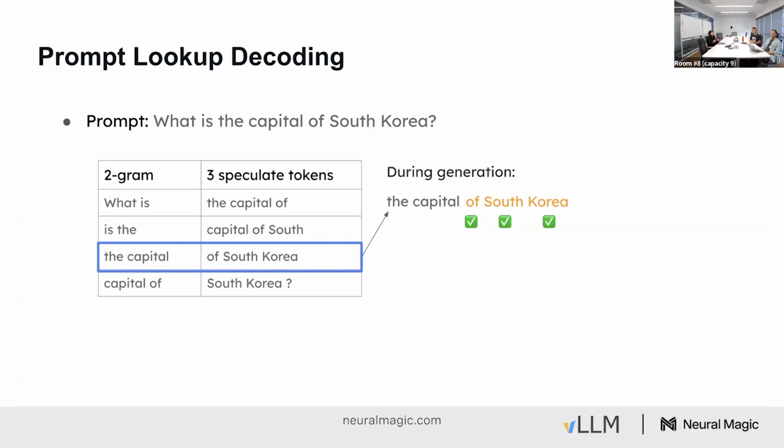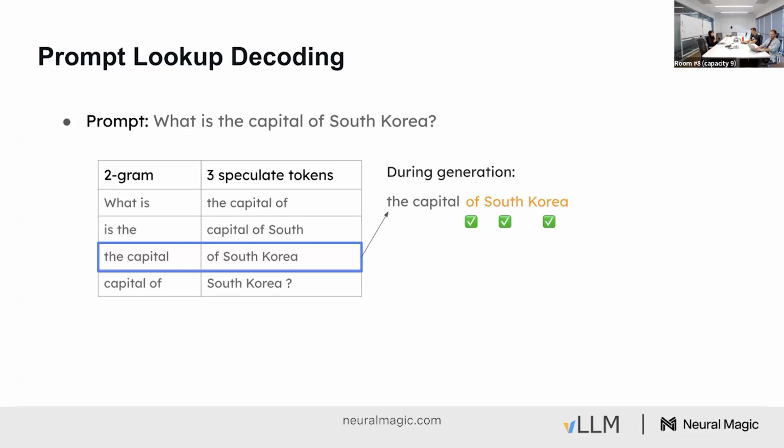The intuition behind prompt lookup decoding is that for some workloads, for example summarization and document question answering, there is a big overlap between the prompt and the answer. So instead of using a small model to guess the tokens, you can just use the information in the prompt to speculate, because there is a big overlap between the question and answer.